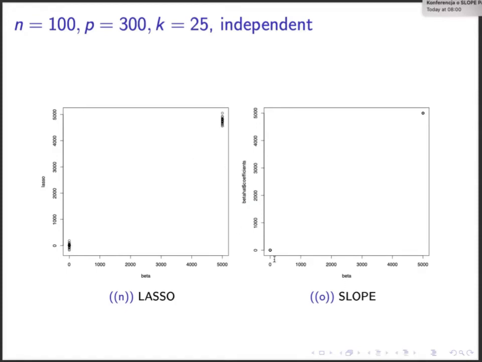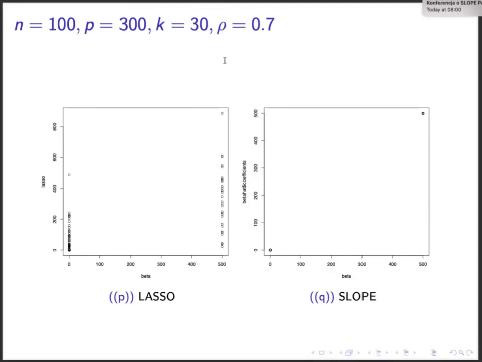When you use slope, basically all zeros are classified as zeros, and all non-zeros are clustered together at a value close to 5,000. Let me just tell you that this is not a perfect clustering. So here, the condition for the perfect support recovery is not satisfied, but you see that the clustering is almost perfect. So you can see visually that you have a much better mean square error than for lasso.